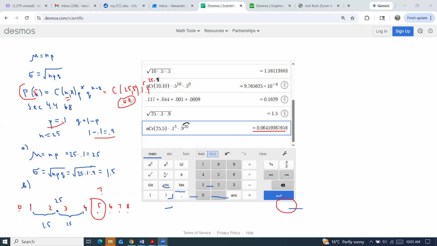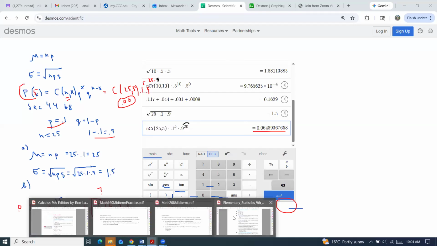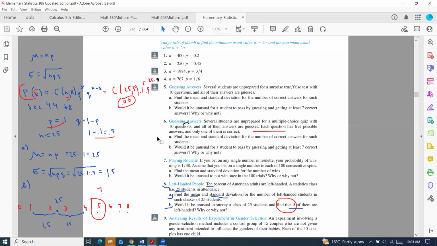It may happen, especially if you repeat this experiment again and again. 6% means 6% of the classes you study will have this low number of left-handed people, because you expect to get less. You expect to get 4 or 3 or 2 or 1.